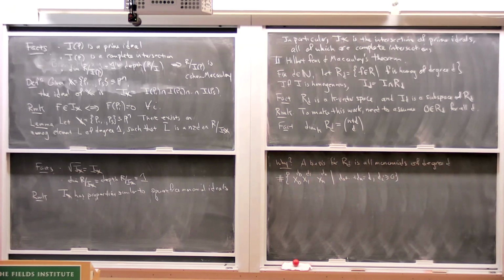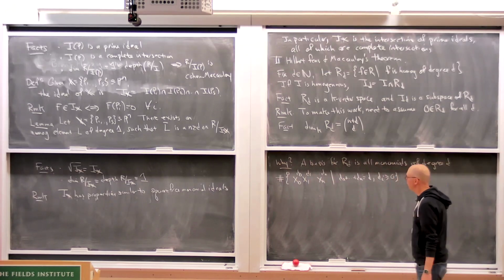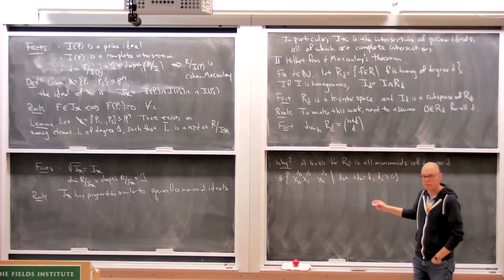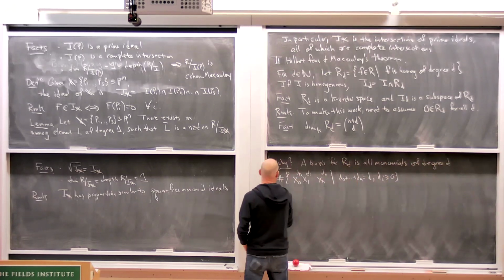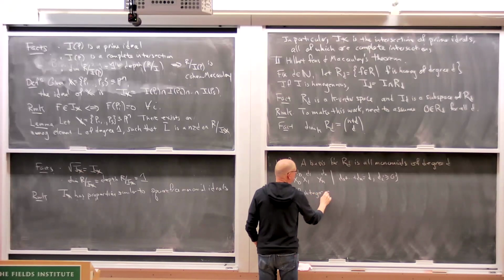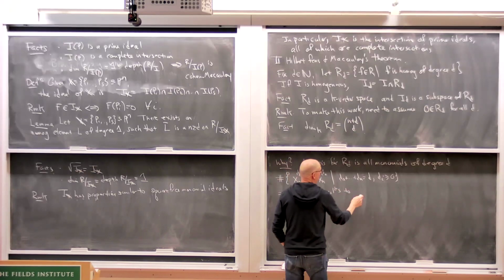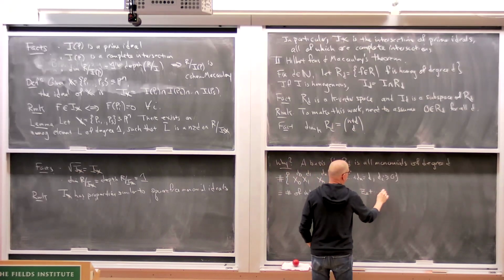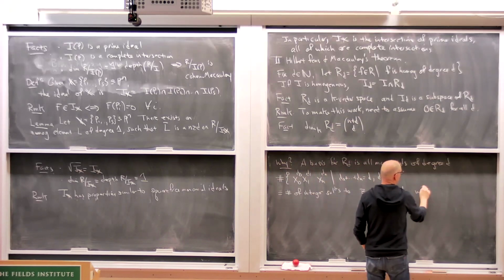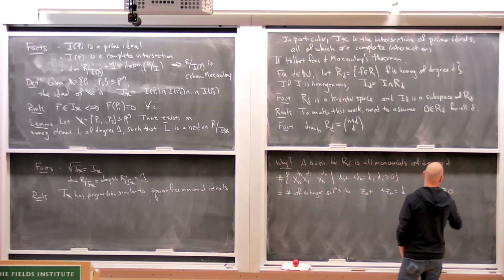Now, if any of you have taken a combinatorics class, or well, let me back up. It's not really the monomials that are important, it's the number of integer solutions to this. So this is equal to the number of integer solutions to z0 up to zn equals d, with z_i greater than or equal to 0.